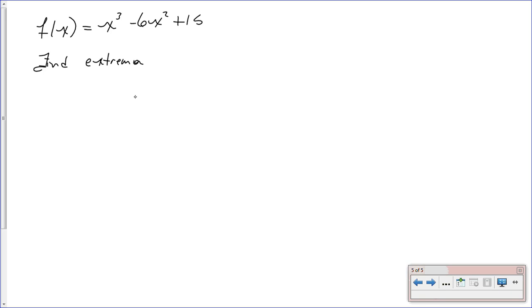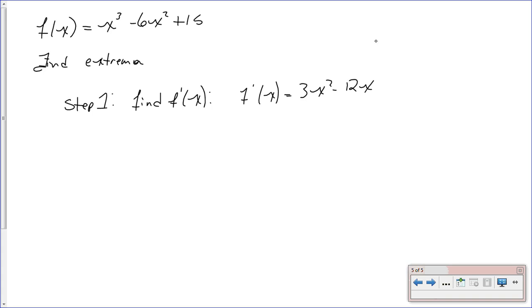All right, so step one, we need to find f prime of x. So f prime, the first derivative, is 3x squared minus 12x. Step two, get criticals.